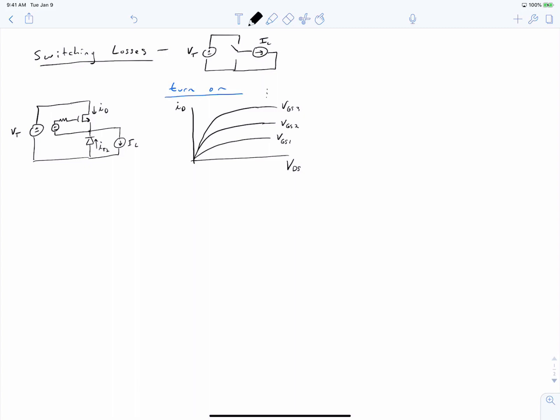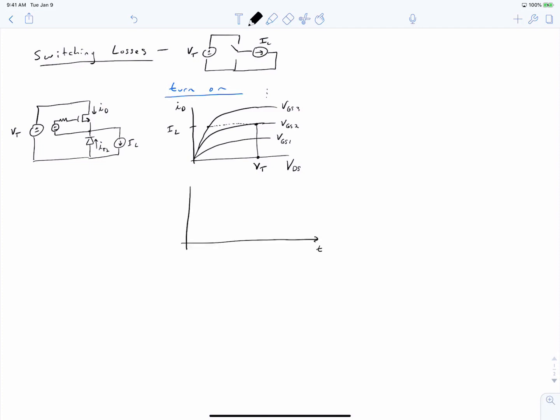So we can visualize the turn on process as having us start with the drain to source voltage being equal to the throw voltage, VT, and no current conducting. And as we turn the device on, it first must transition up this path towards some gate source voltage that corresponds to our output current, IL, because that is the current that must flow through the device when it's on, and then passing through this trajectory as we further increase the drain.